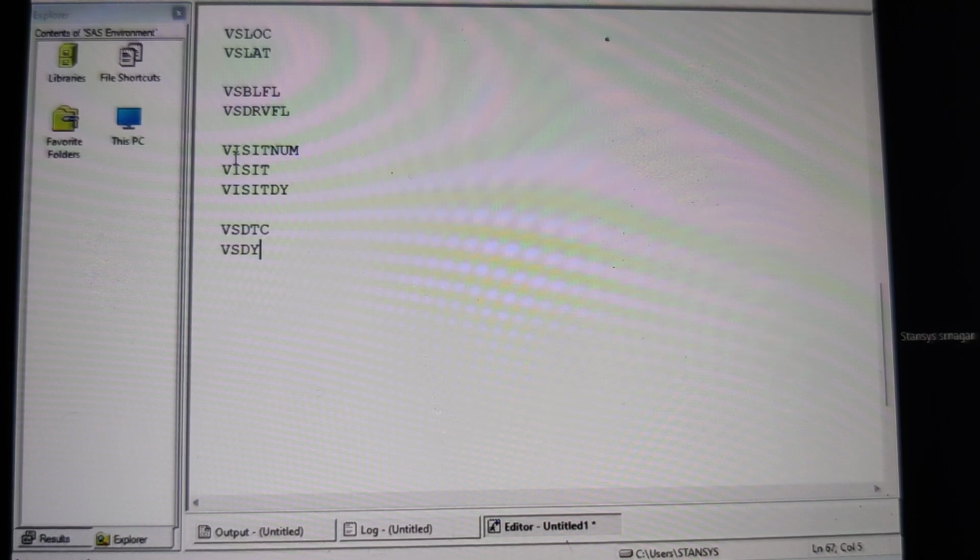Then we are going to have 5 protocol planned timing variables. Remember what the 5 protocol planned timing variables were that we have seen? TPT, TPTNUM, TPTREF, then RFTDTC, RFTDTC.